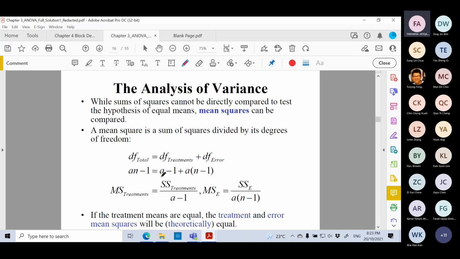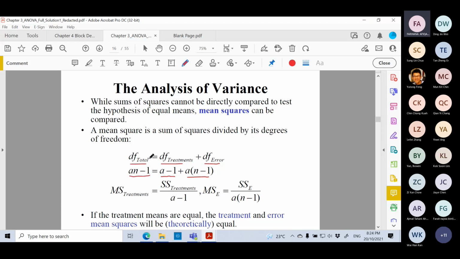You have A levels, so the degrees of freedom for treatment will be A minus 1. The remaining one, the degrees of freedom for error, will be an minus A, which is A times (n minus 1). So this one is the last one. For the first one, this is the total here.